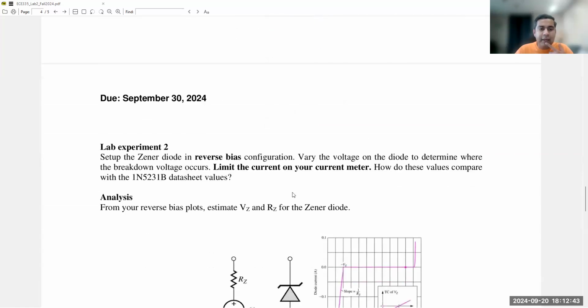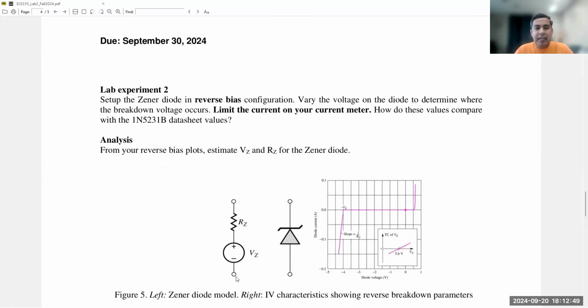The only other specific parameters that we will need to find for the Zener diode are the VZ and RZ values. The way to do it is, once you plot it in the reverse bias condition, make sure to mark the point where it actually starts to break down and the current is going to increase.